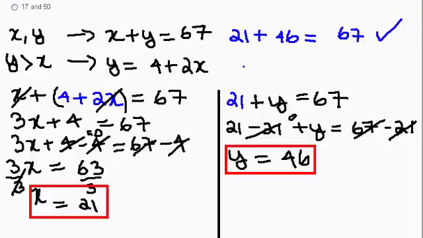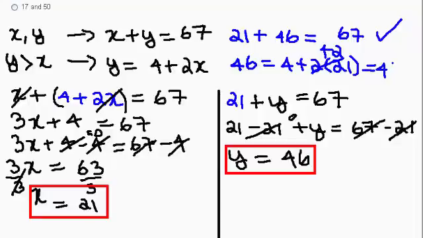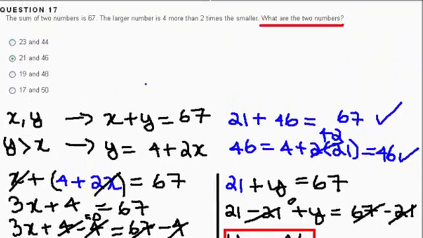So instead of y, we've got 46 is equal to 4 plus 2 times, instead of x we've got 21, and if we calculate this through, 2 times 21 is simply 42, and 4 plus 42 is in fact equal to 46. So therefore our second equation holds true, and therefore x is in fact equal to 21, y is in fact equal to 46, and therefore the second choice is correct.